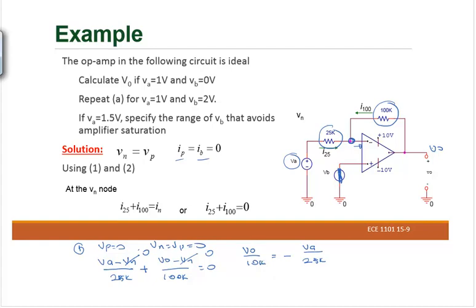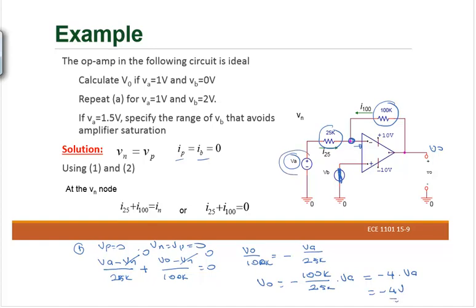So V0 will be equal to negative 100K divided by 25K times VA. From here, negative 4 times VA. If VA equals 1 volt, then this will be negative 4 volts.